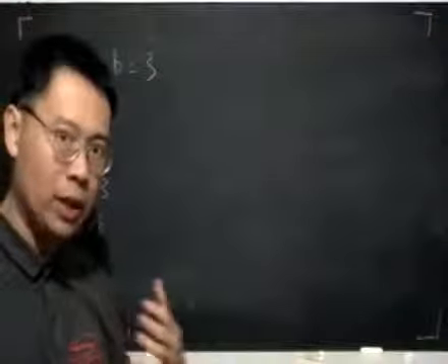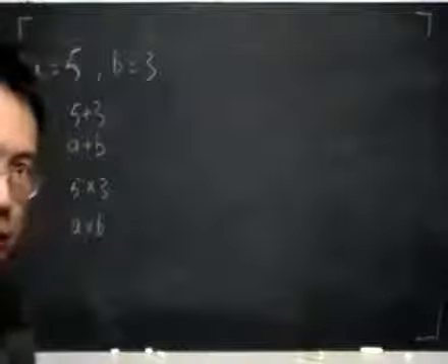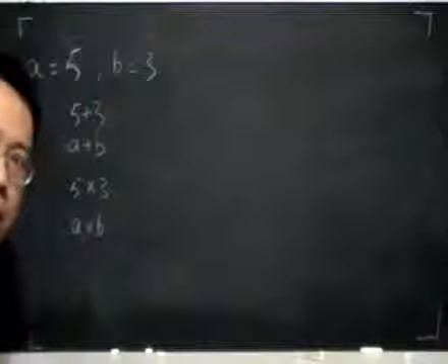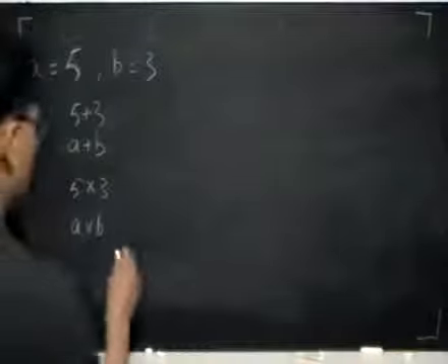Now a special way to write algebra is that we would usually leave out the times when we multiply two quantities.